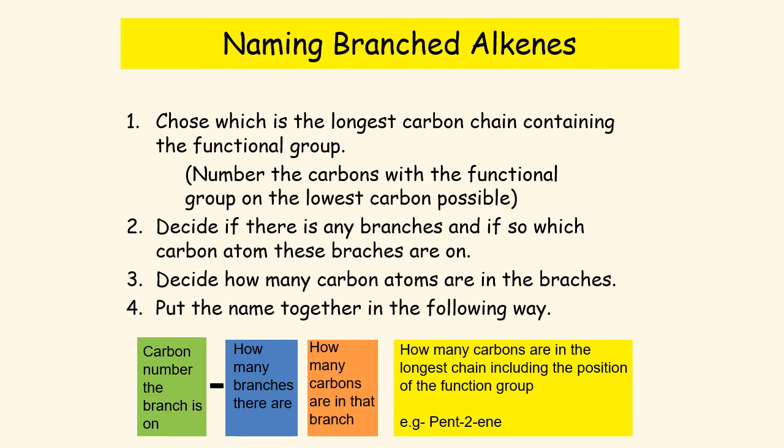Okay? Then once you've worked out what number carbon the branch is on, you need to look at how many carbon atoms are in the branch, and then you put it together.